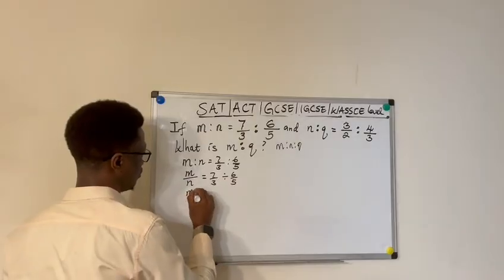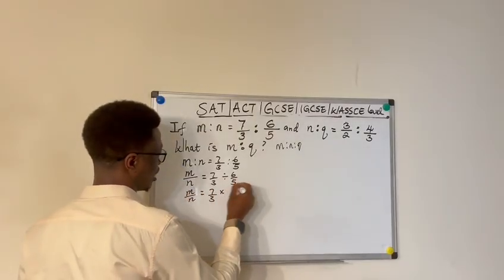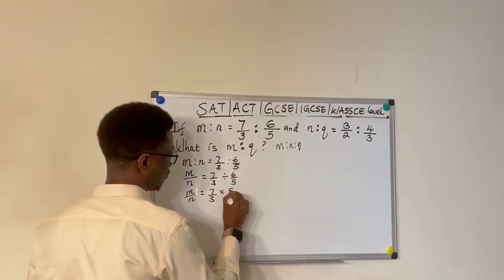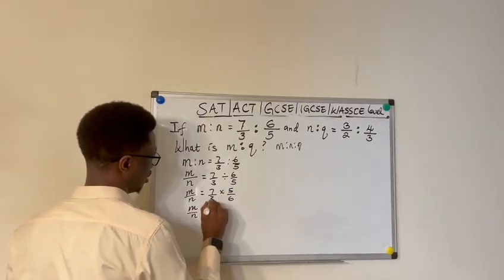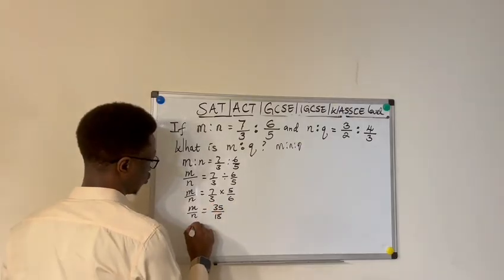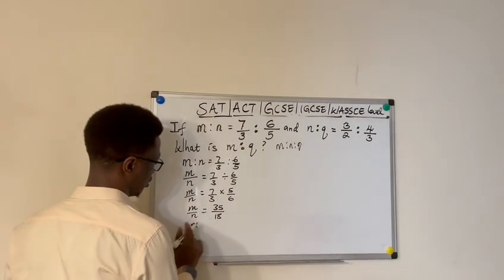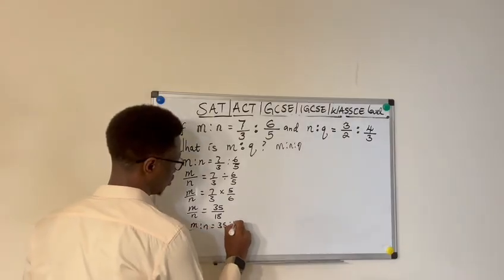Then if you multiply, this goes up to 5 and this is 6, so m/n equals 35/18. So m is to n simplifies to 35 is to 18.